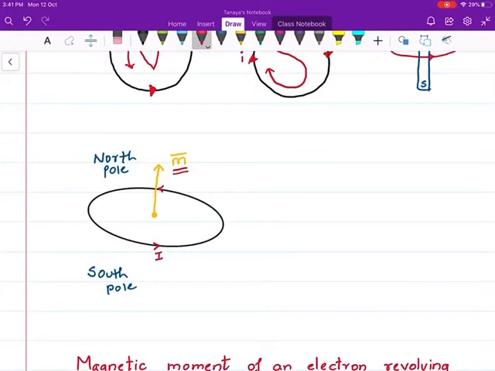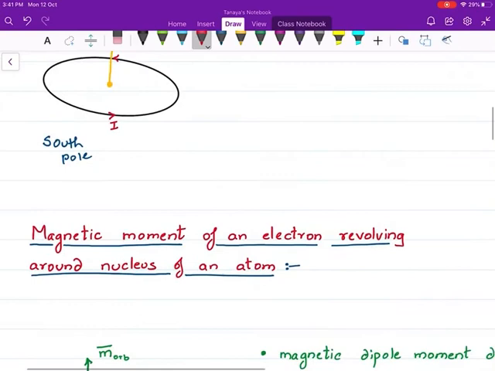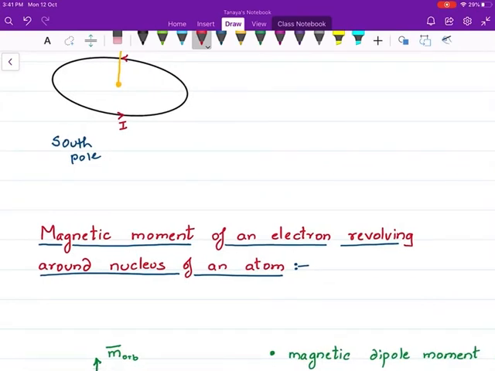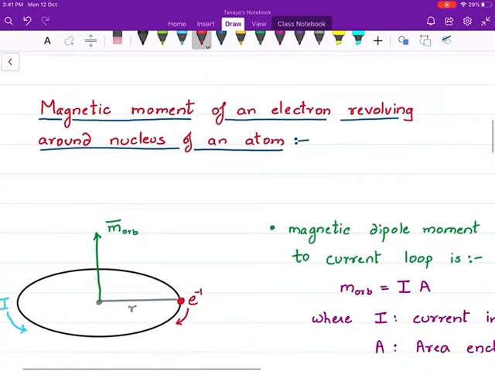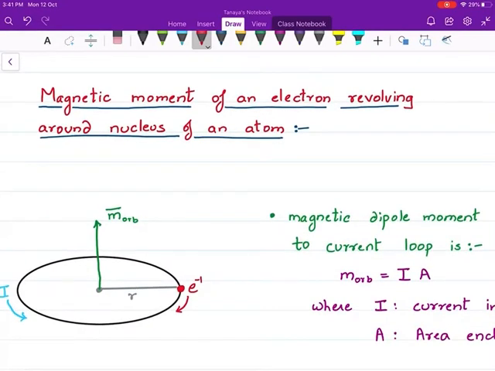Okay. Now we are going to find out the magnetic moment of an electron revolving around the nucleus of an atom. In this particular derivation, we are just going to find out what is the magnetic moment of an electron which is revolving around the nucleus.